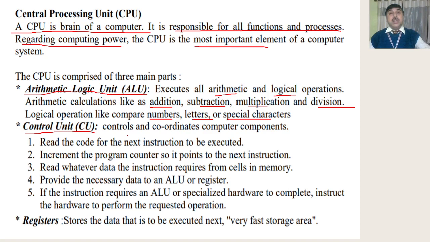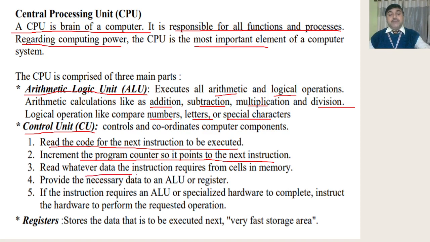This is the coordination you are introducing. So what will it do first and foremost? Read the code for the next instruction to be executed. Then increment the program counter, so it points to the next instruction.